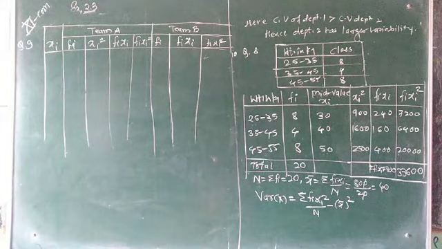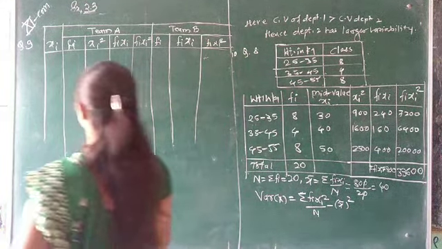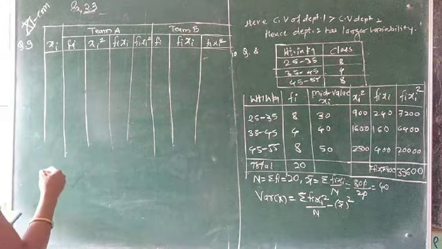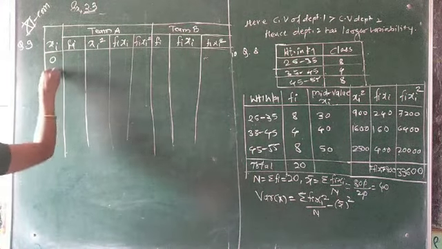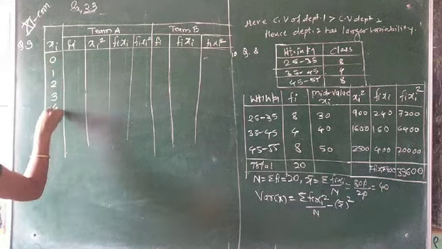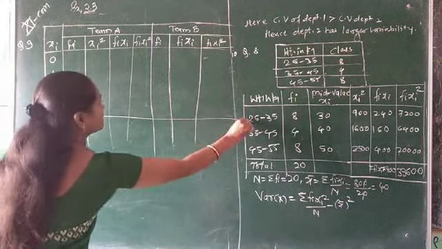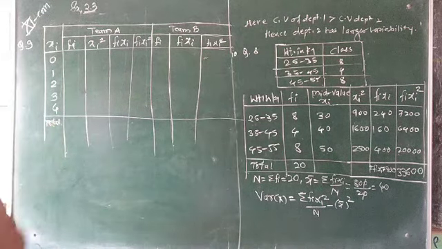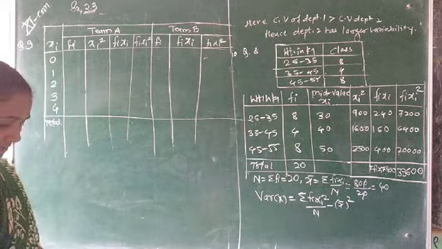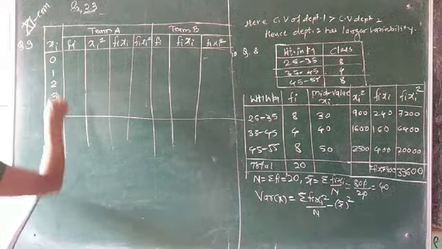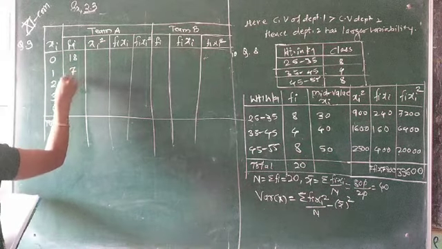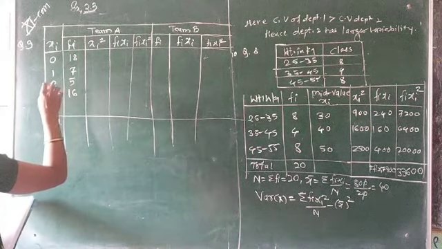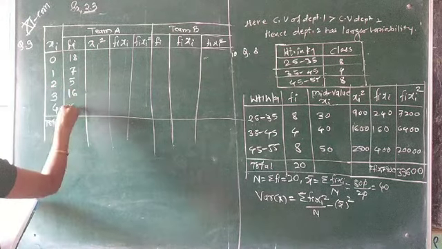Now write the values. Number of goals for both teams, that is 0 to 4. This is total. So first fi for team A: 18, 7, 5, 16, and last one is 14.